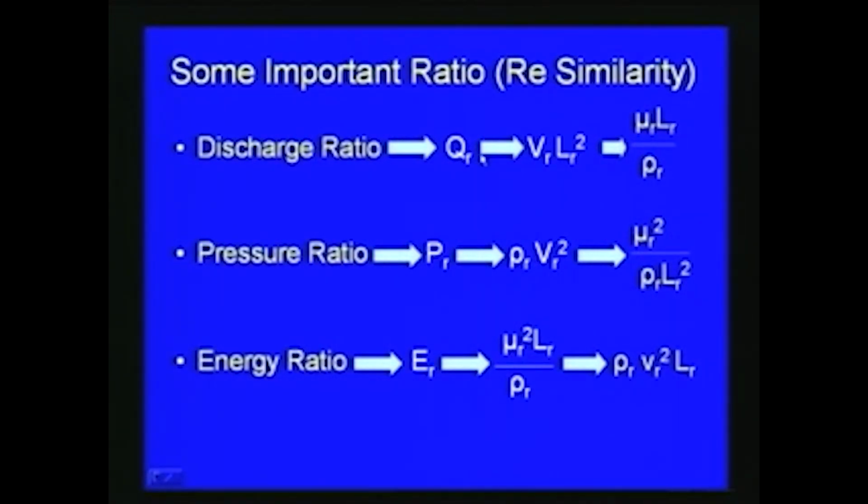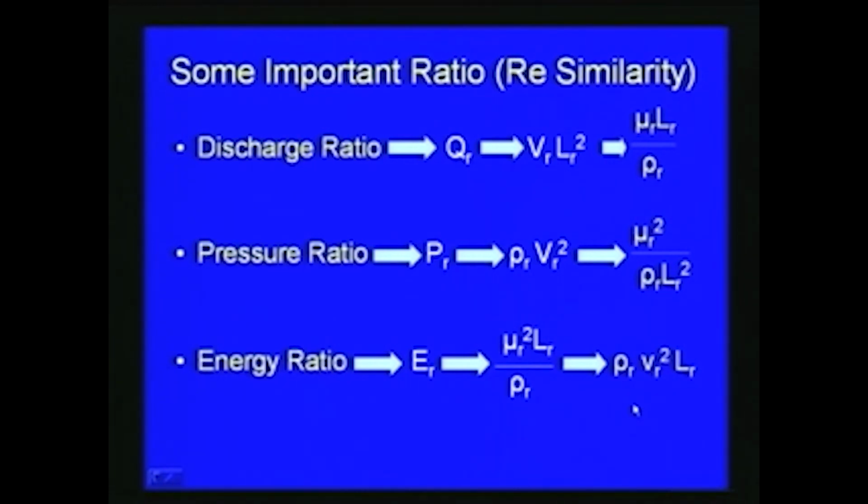So, this gives Qr, the discharge ratio, as mu r Lr by rho r. Similarly, the pressure ratio Pr we can write as rho r into Vr square, so that we can write as mu r square by rho r Lr square. Similarly, the energy ratio we can write as rho r nu r square Lr. So, this gives the energy ratio.